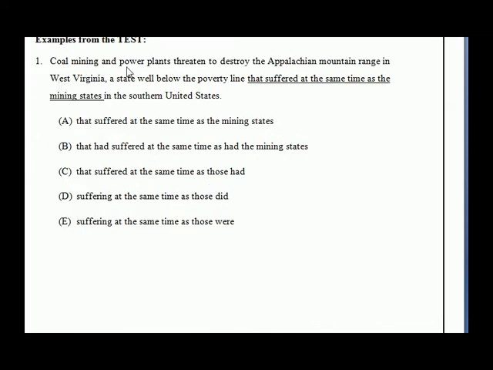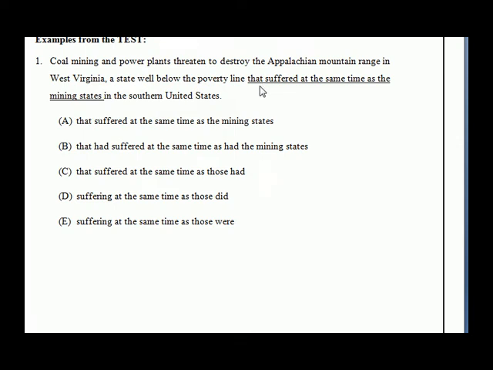Coal mining and power plants threaten to destroy the Appalachian mountain range in West Virginia, a state well below the poverty line that suffered at the same time as the mining states in the southern United States. So when they say that, they are referring to the state of West Virginia.